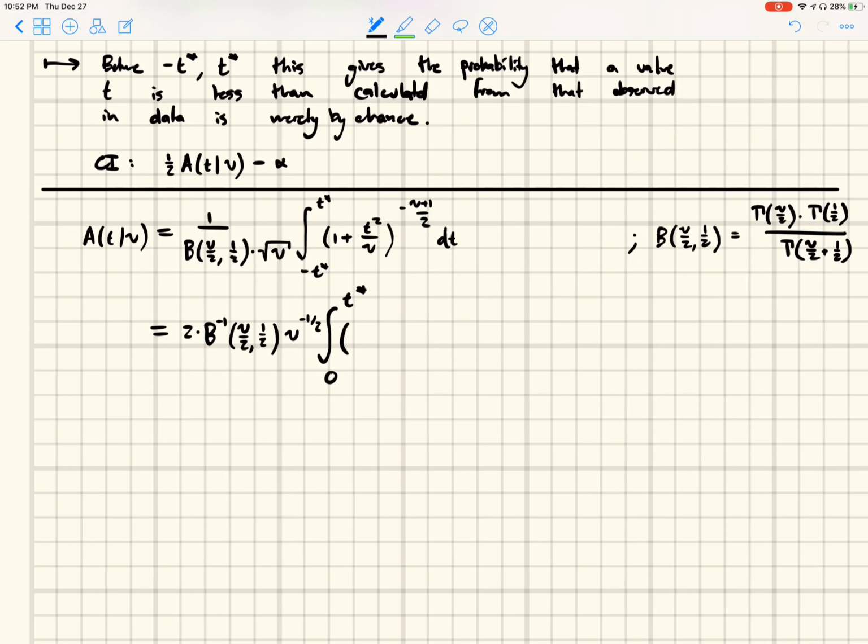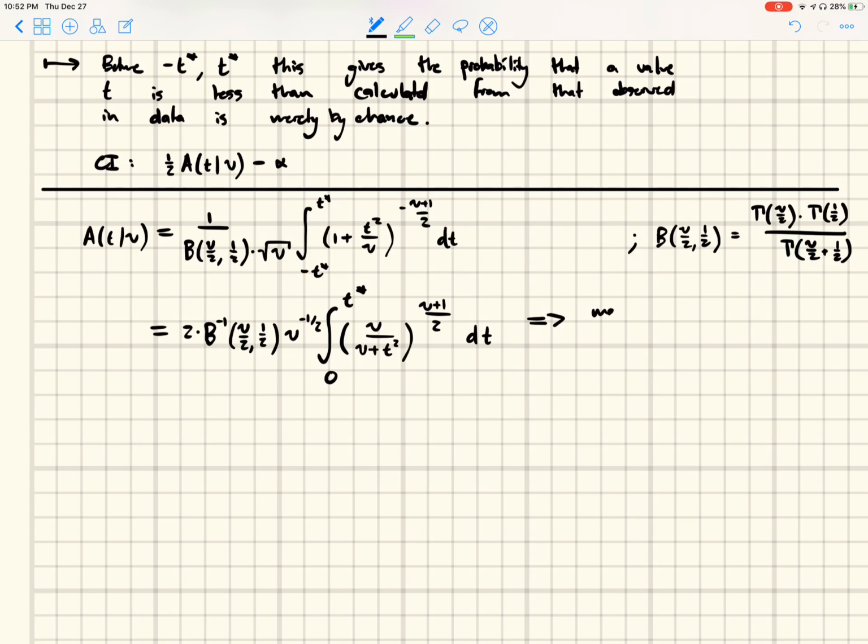We're going to rewrite the integrand in this fashion. And this is all to set up to show in just what way the cumulative distribution function of Student's t-distribution is related to that regularized incomplete beta function.